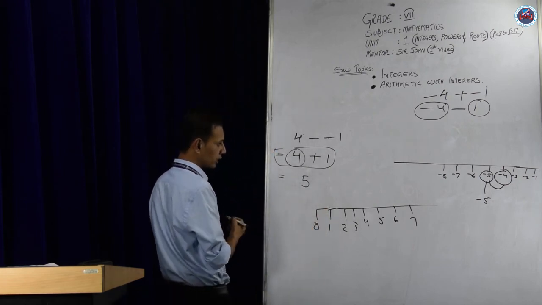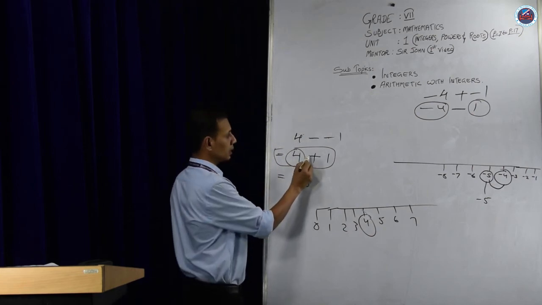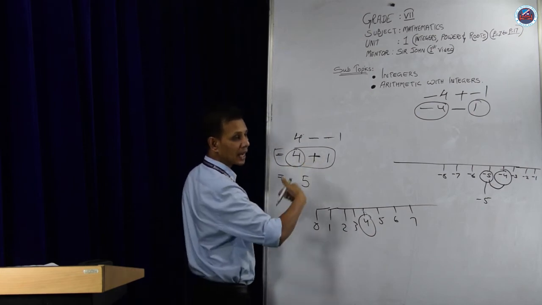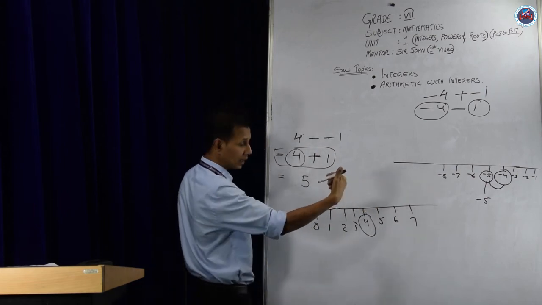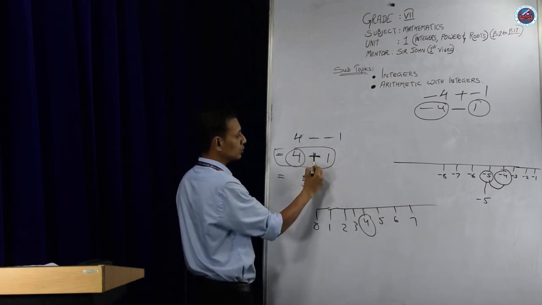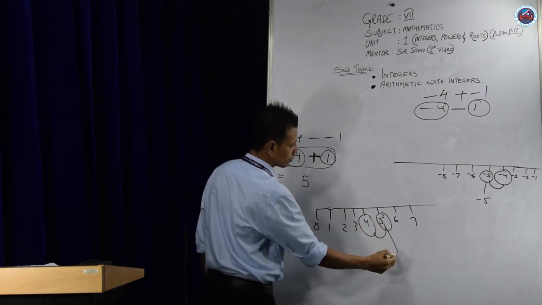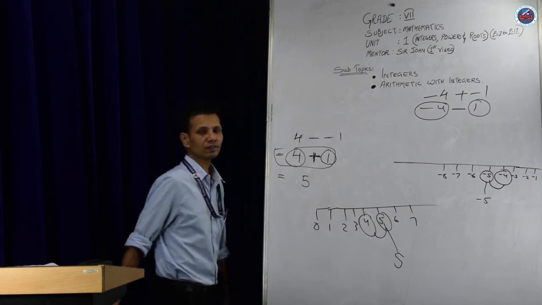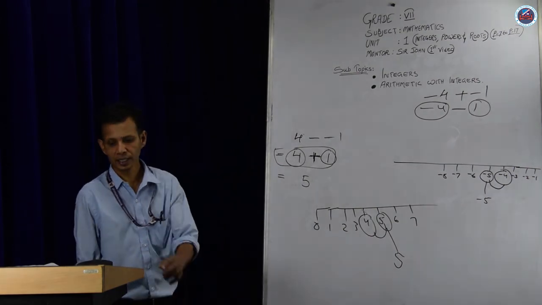My negatives will be here. Where is 4? It's here. What is this? Plus. Plus means I have to move to the right. How many steps to the right? 1. So just move 1. That is your answer. See, positive 5. There we got negative 5, here we got positive 5. That is the thing.